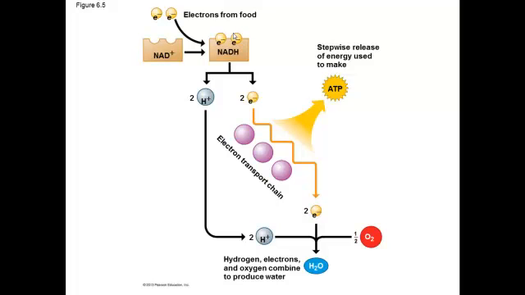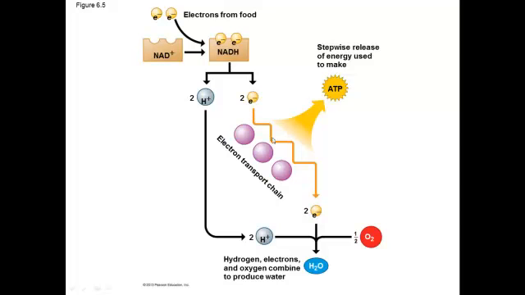And the electron transport chain takes advantage of the possibility that electrons can be in a high energy state and a low energy state. So what happens is the NADH transfers these high energy electrons to a molecule that is slightly more electronegative than NADH, thereby slightly lowering the energy state of the electron.